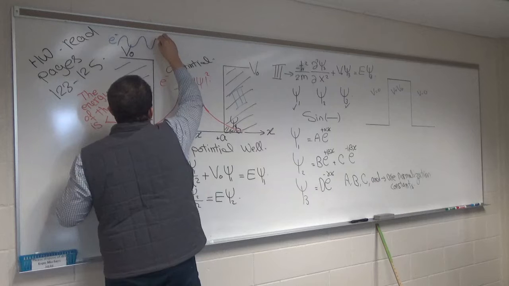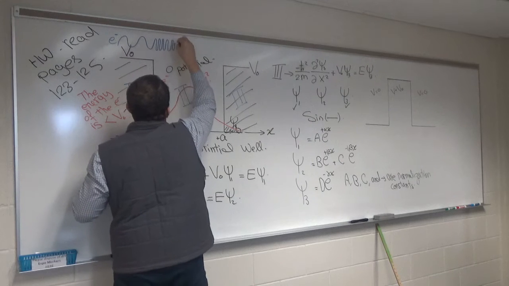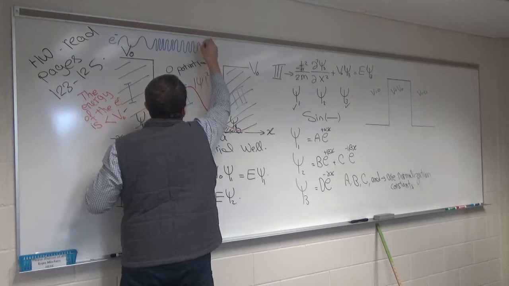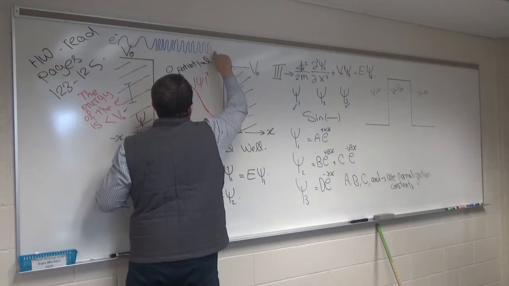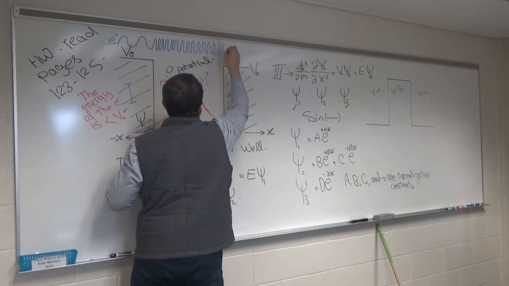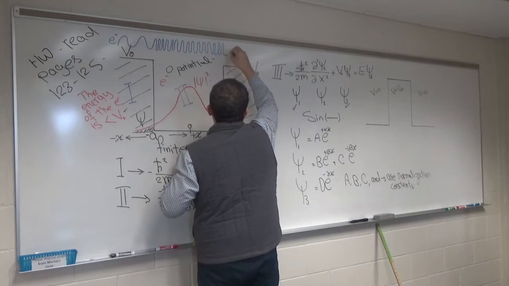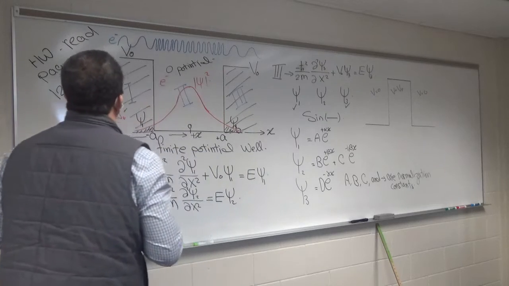You will see that the wavelength of that electron wave function will be shorter, as you can see right here. So that's strange. Look at that. The finite potential will affect the electron wave function even though the electron is moving up. Okay? And then it returns back to the normal behavior.